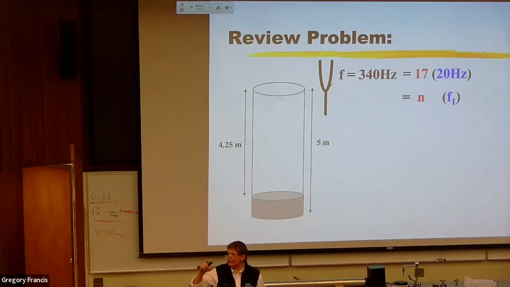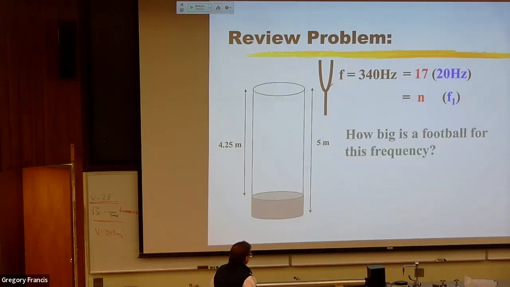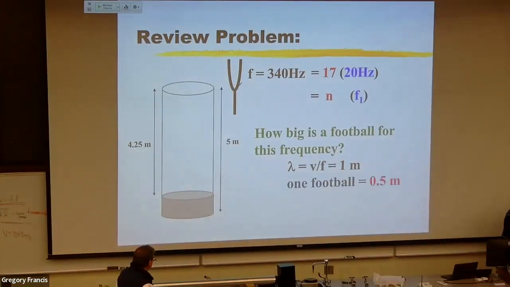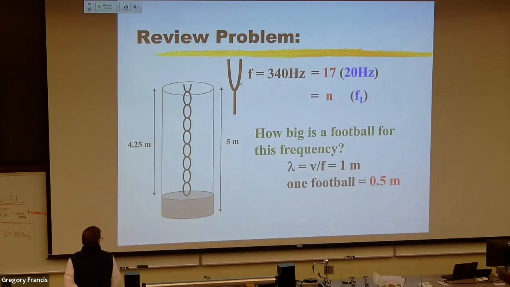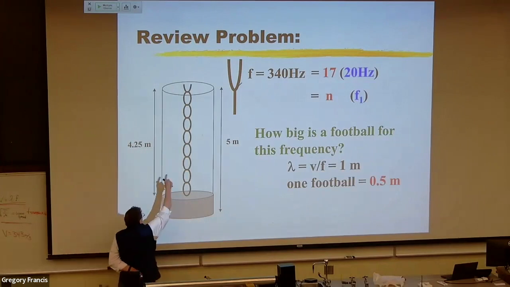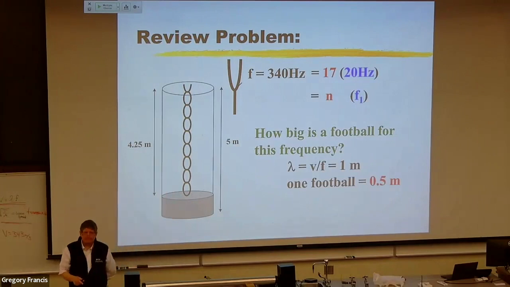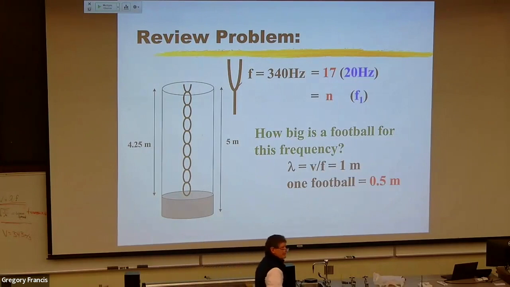That means I have footballs that are half a meter. Okay, let me show you. How big is a football? Well, a wavelength is 1 meter. It takes 2 footballs to make a wavelength. 1 football is a half meter. And so I ask, how many half meters can I fit in 4.25 meters? 8.5. So either way you find that, it's valid.